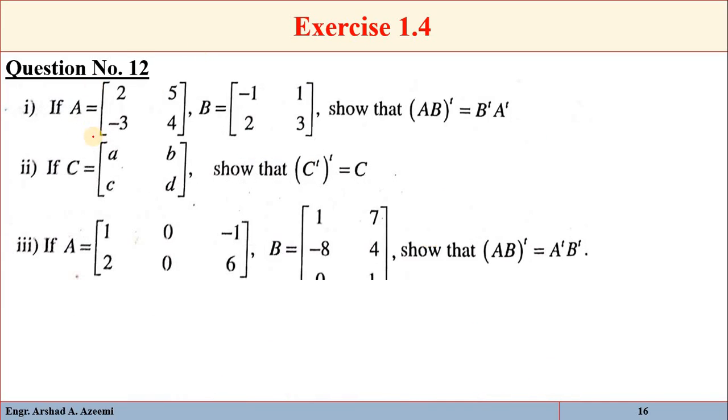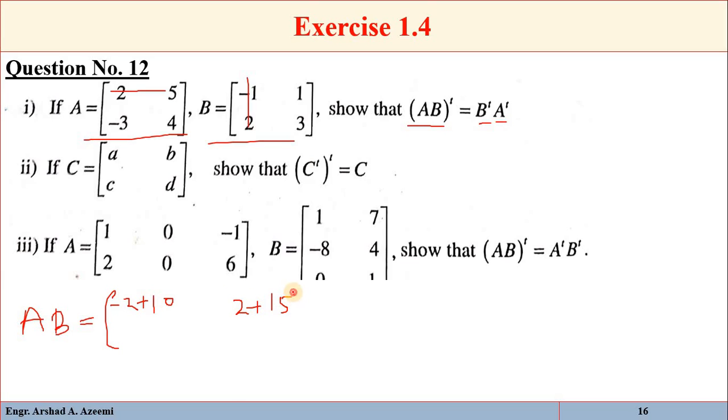Question number 12. If A is equal to this one, B is equal to this one, then show that AB whole transpose is equal to B transpose and A transpose. So first we have to find the product AB, and then we will take the transpose. So AB will be equal to the first row with first column, so minus 2 plus 10. First row with second column, 2 plus 15.